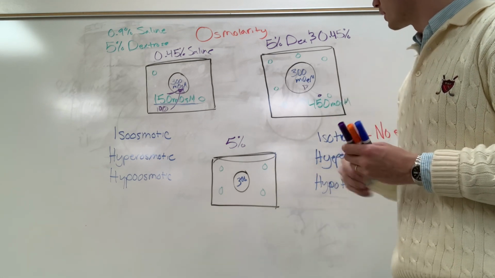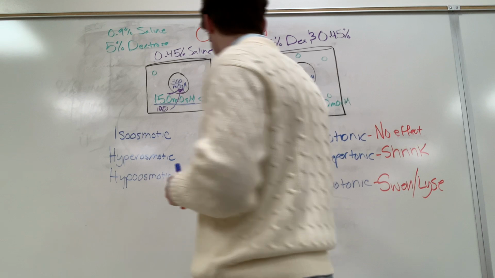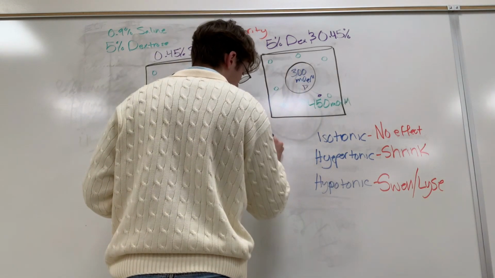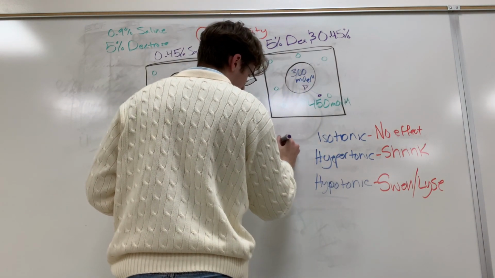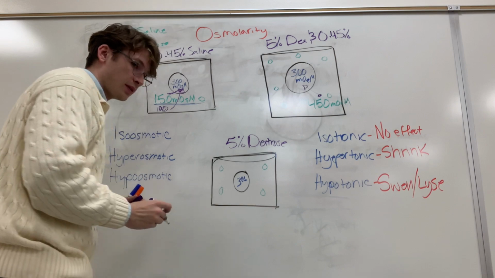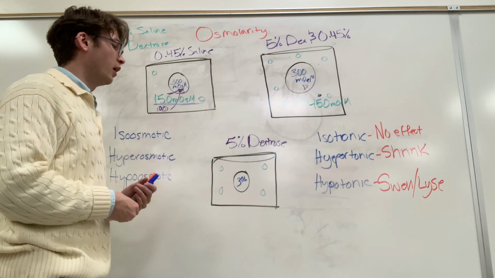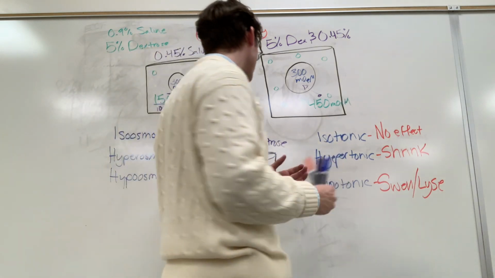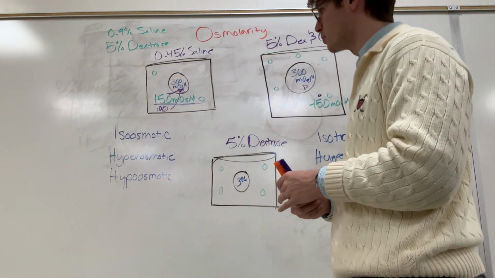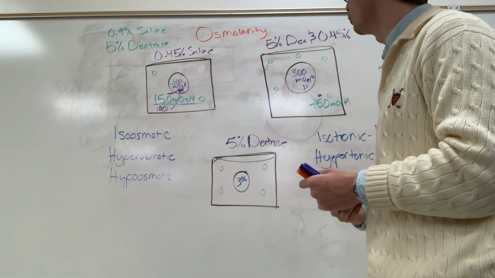But let's look at this 5% solution of dextrose. Dextrose, we know, is permeable, but it's also metabolized in the cell. Glucose, dextrose, energy, that's the carbs that we eat and the energy that we get through the food.